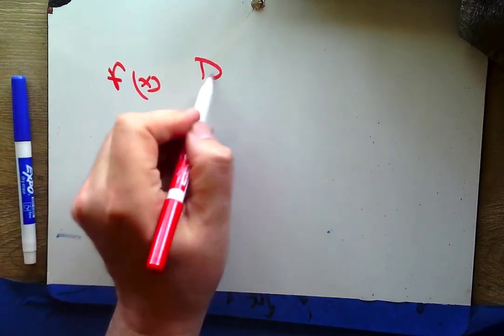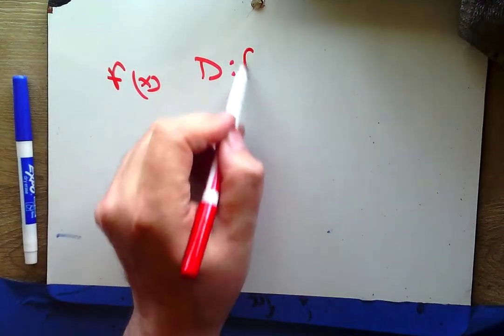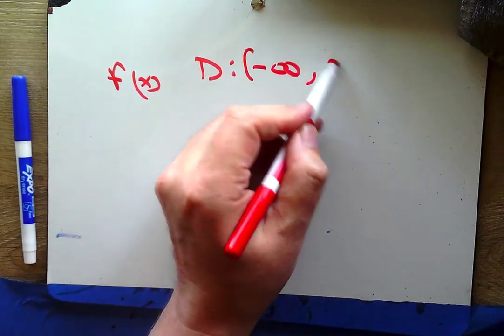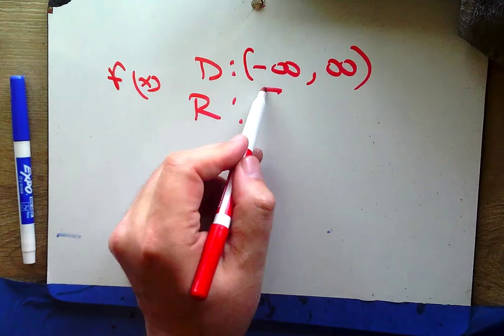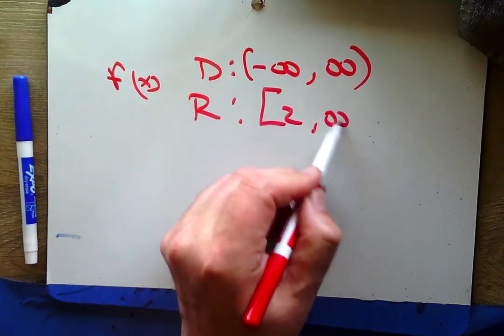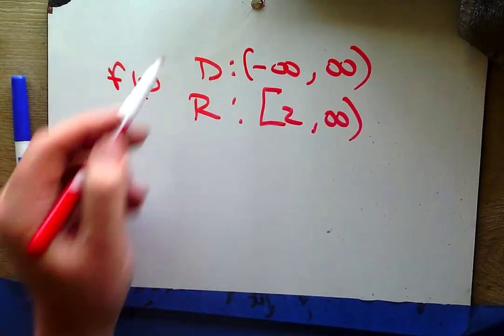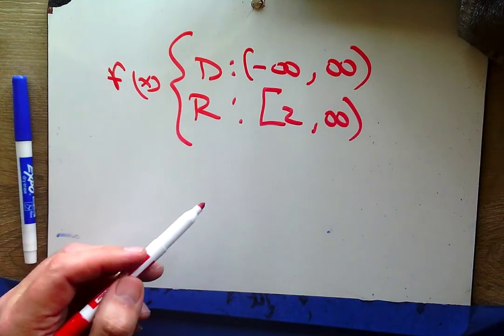Now, I want to talk about this new function, last bell work problem. This function has as its domain negative infinity to infinity, and has as its range 2 to infinity. So this is what I know about f of x.